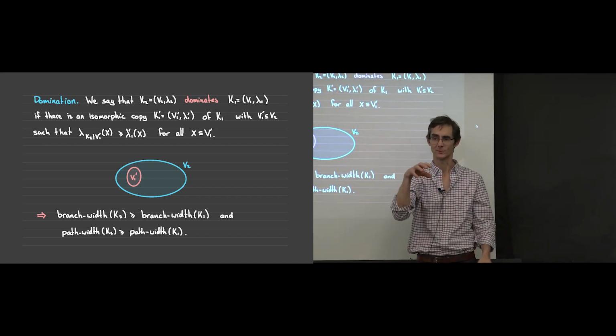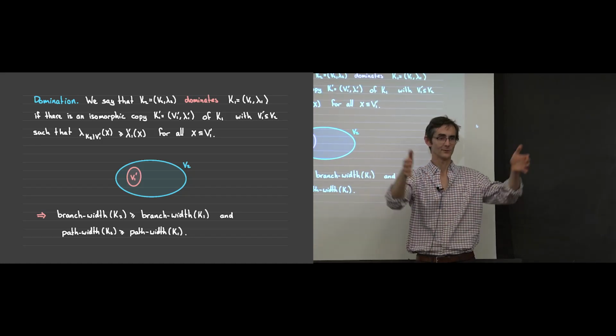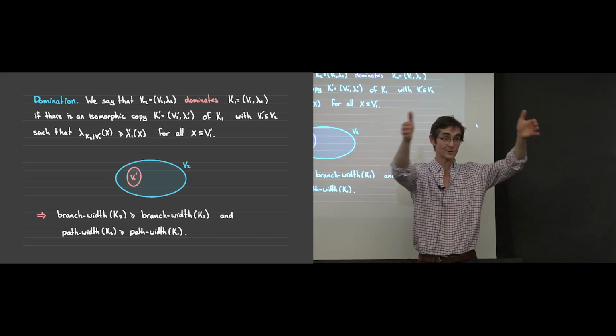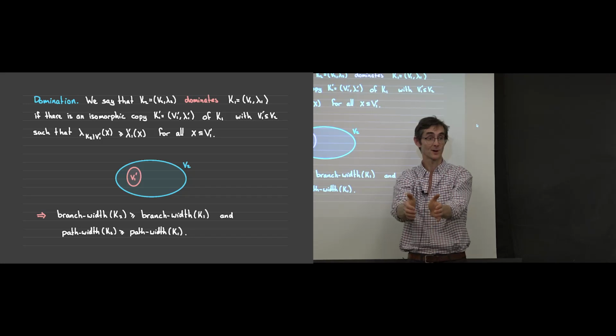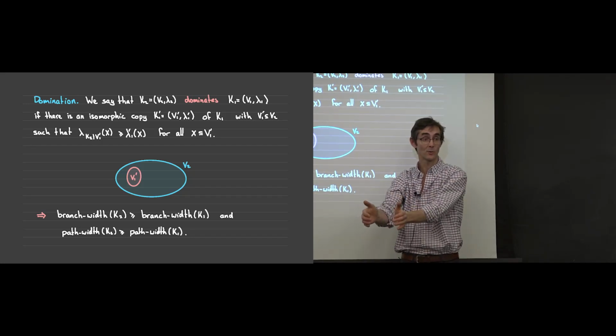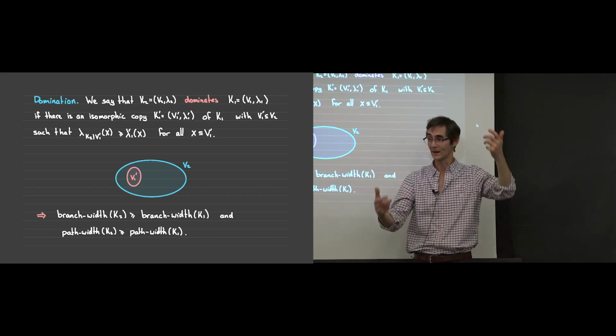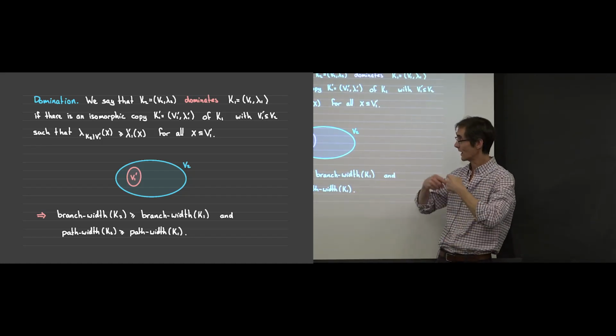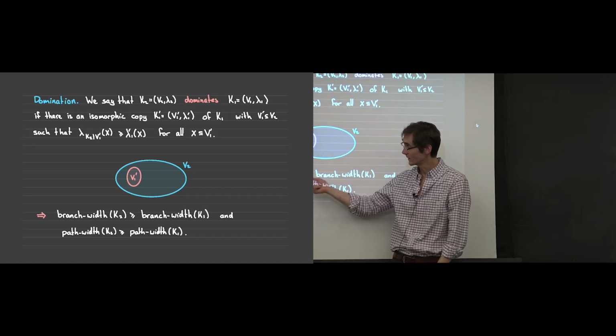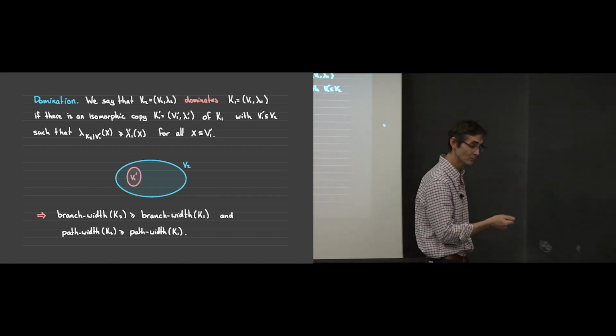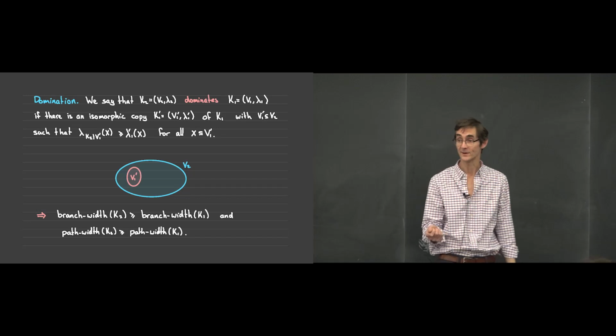That probably isn't what I wrote, but that's right. If you take K2, restrict it to a set, take an isomorphic copy, and that copy is bigger than K1, then I'm going to say that K2 dominates K1. And again, I've just put these things together, so under any reasonable notion of width, K2 is going to have width at least the width of K1, if this happens.